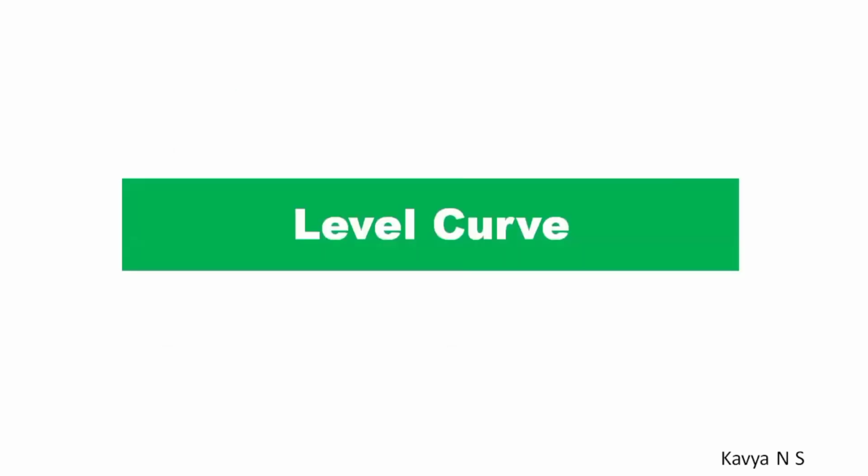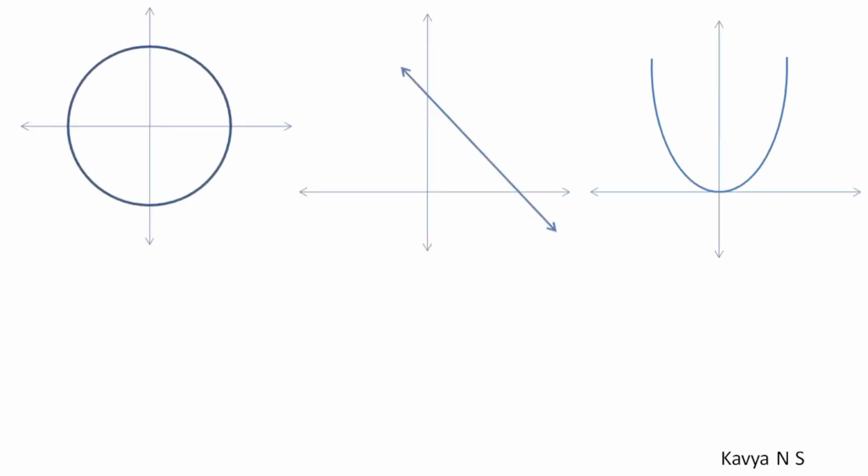Now we shall understand the meaning of a level curve. This circle, line, and parabola can be expressed as x square plus y square is equal to 1, the unit circle; x plus y is equal to 1, the straight line; y minus x square is equal to 0, this parabola.